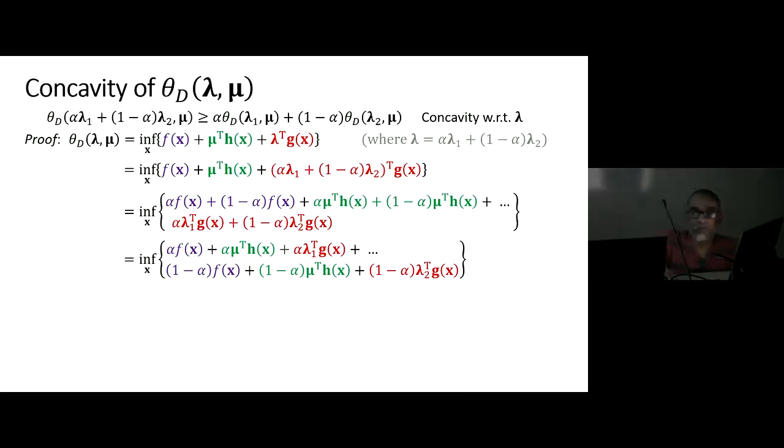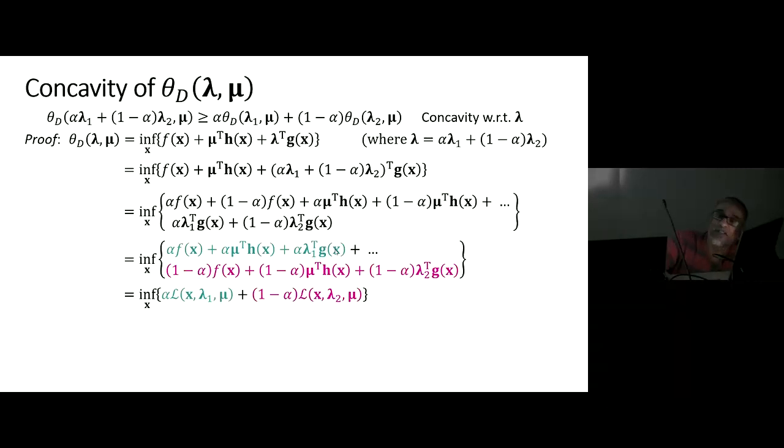Are you guys with me? Okay, so this is where we are. So these are the terms containing alpha, and these are the terms containing 1 minus alpha. I'll take alpha common and 1 minus alpha common. Okay, so what do I have here? When I take alpha common, I have f of x plus mu transpose h of x plus lambda 1 transpose g of x.